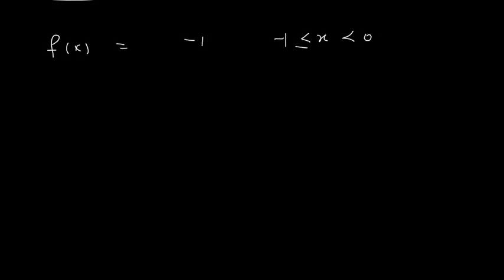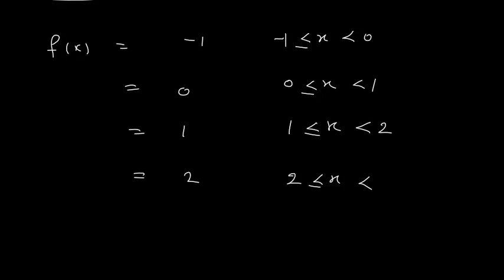Minus 2, minus 3, minus 4 are also integers, but the greatest integer is minus 1 when x is less than 0 and greater than or equal to minus 1. Similarly, its value is going to be 0 when x is greater than or equal to 0 but less than 1. Its value is going to be 1 when x is greater than or equal to 1 and less than 2. Its value is going to be 2 when x is greater than or equal to 2 and less than 3, and so on.